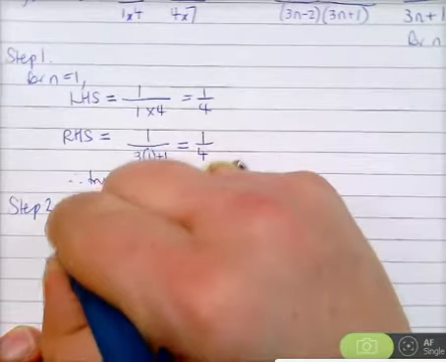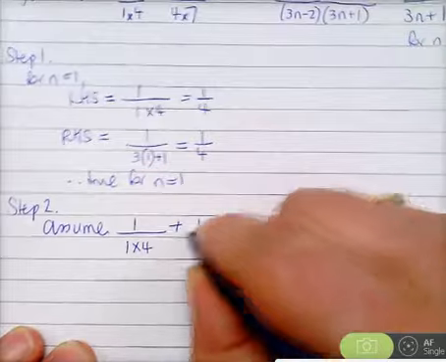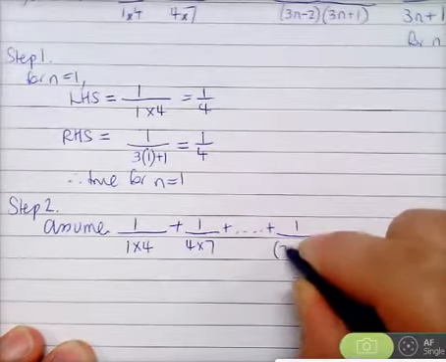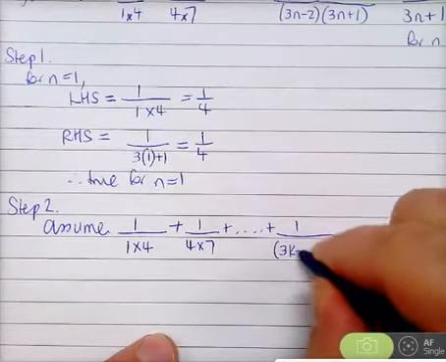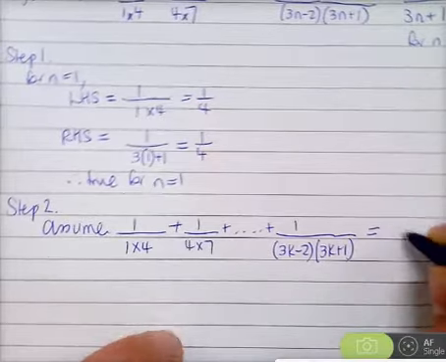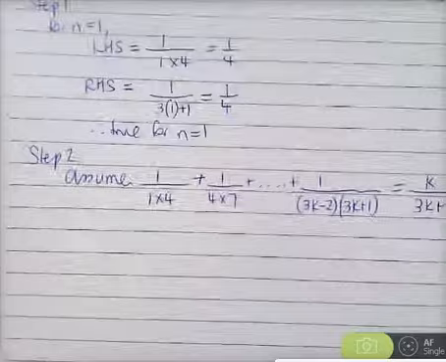Step 2, assume that 1 over 1 times 4 plus 1 over 4 times 7 plus 1 over, what do I do? 3k minus 2 times 3k plus 1 equals k over 3k plus 1. Georgia, step 3, your specialty.